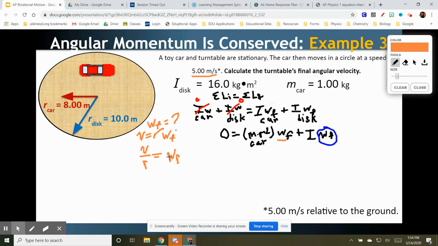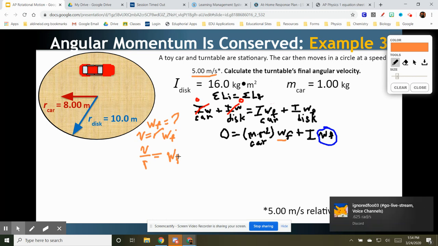Can somebody give me a number for the angular velocity of the car, please? And then what about the moment of inertia of the car?